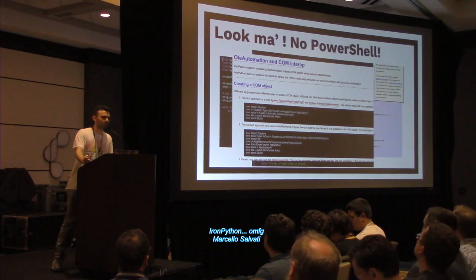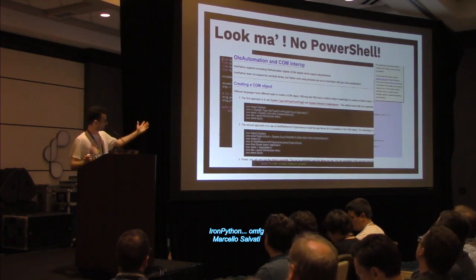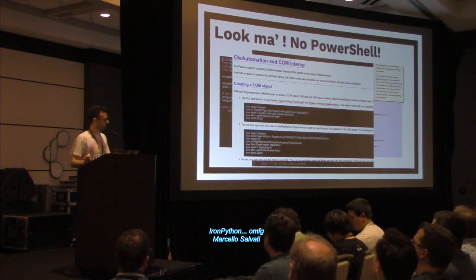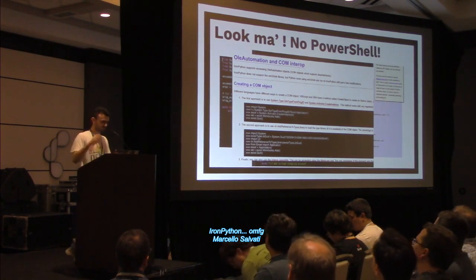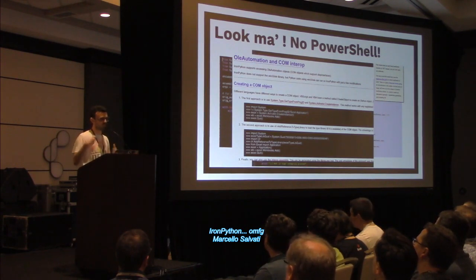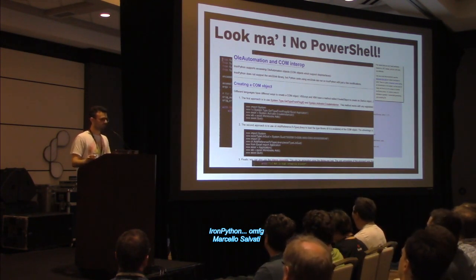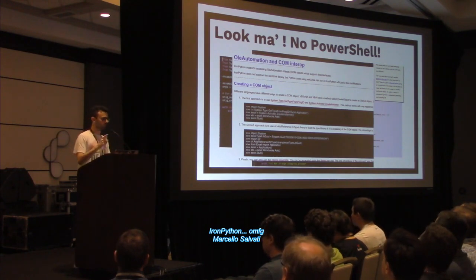There's also interop with COM through IronPython. This is just an example that I got off the IronPython documentation. You can call COM objects, like the Excel COM object. So you can do stuff like inject shellcode through VBA macros in Excel, which is one of those techniques that Subtee put out, through IronPython itself.